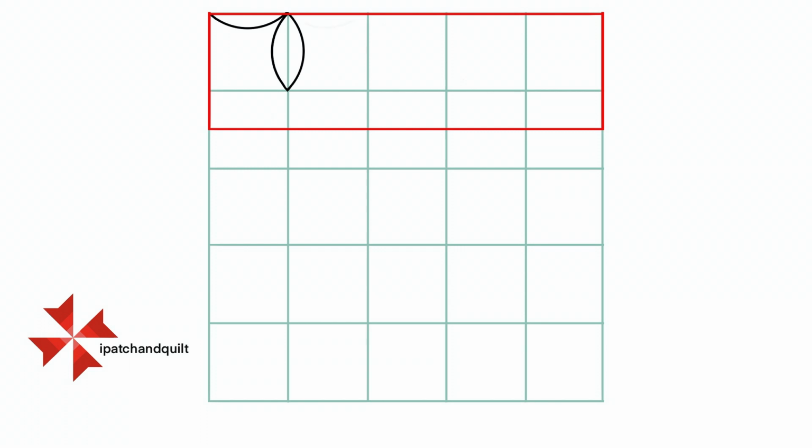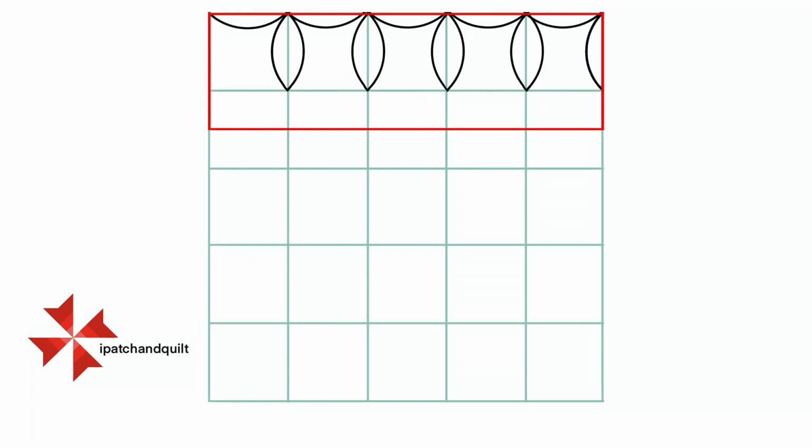So then I add another swag to the right, up and down, another swag, up and down, up and down. You know the drill. When you get to the corner, the far right corner, you go down one row and finish the horizontal row with swags.